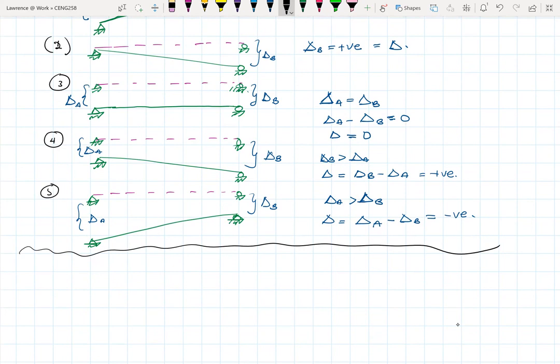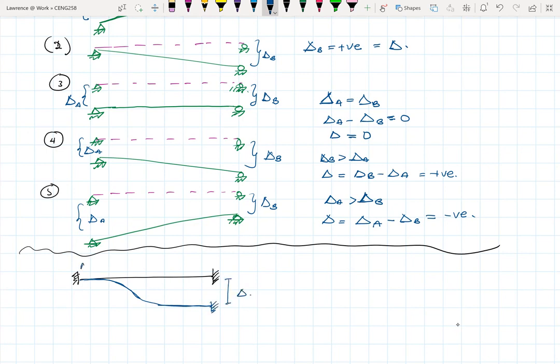If I have a beam with both ends fixed, I can allow this end right here to undergo some displacement.